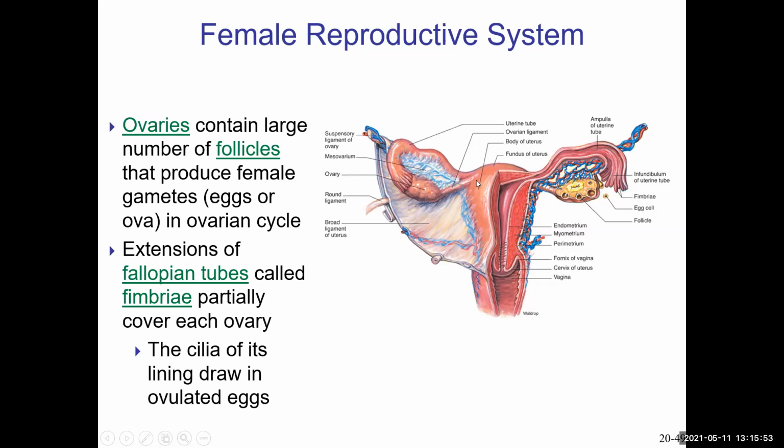The round ligament is a continuation from the uterus to the anterior wall of the abdomen, and it holds your uterus anteriorly. Then the ovarian ligament holds the ovary to the uterus. Then there is the uterosacral ligament, which you cannot see in this diagram, which connects the uterus to the sacrum.